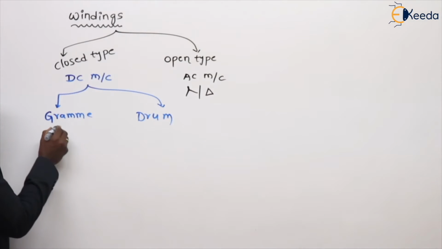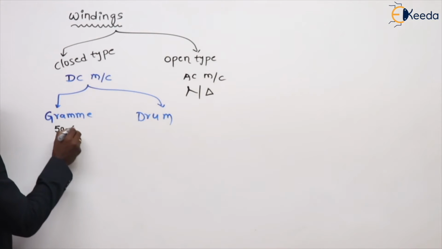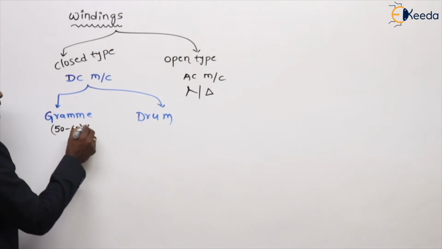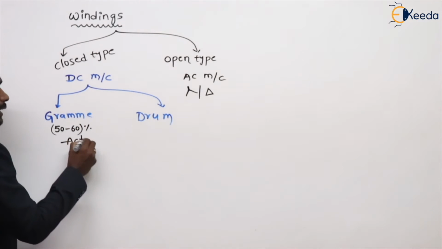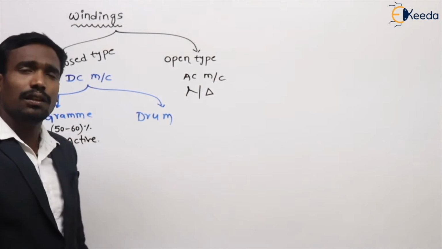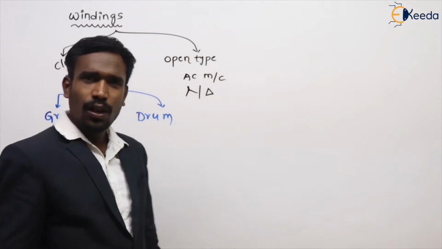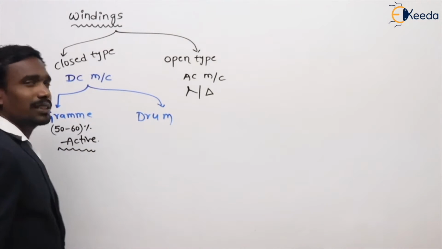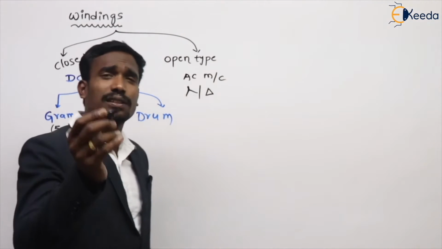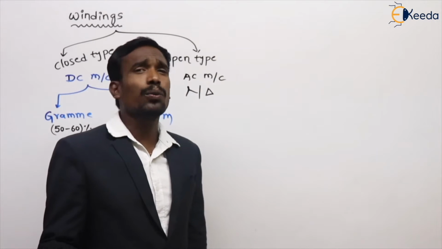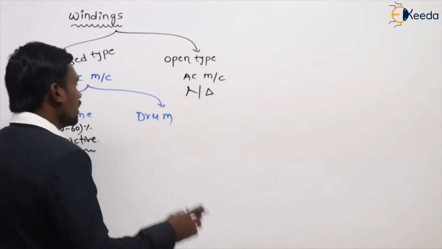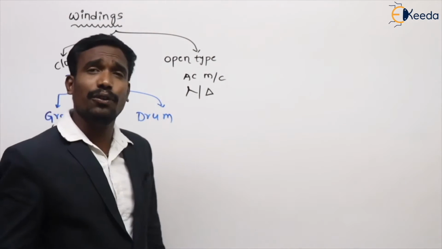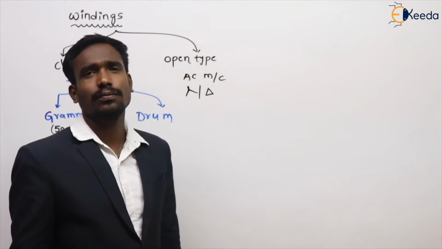In Gramme type winding, 50 to 60% of the conductor is active. The remaining conductor will not develop EMF. Only 50 to 60% of the conductor length is active. That's why the induced EMF is less, and there is more wastage. That's why we use drum type winding in our DC machine.